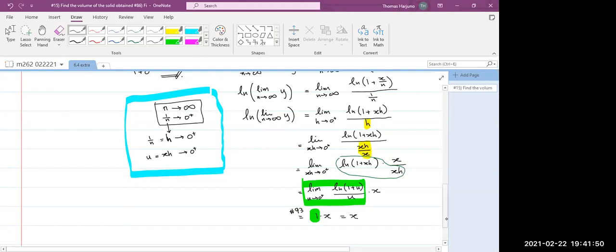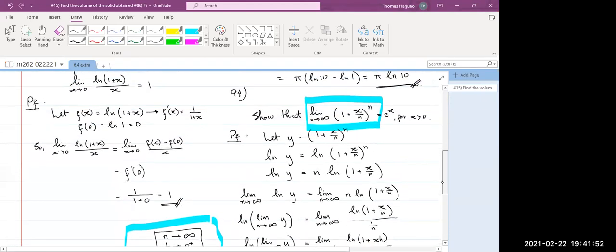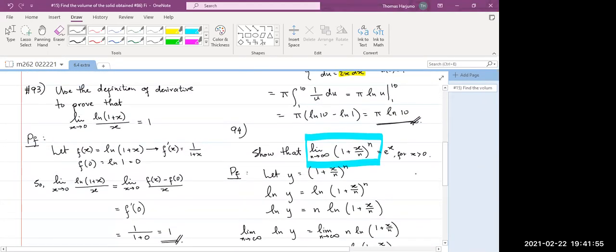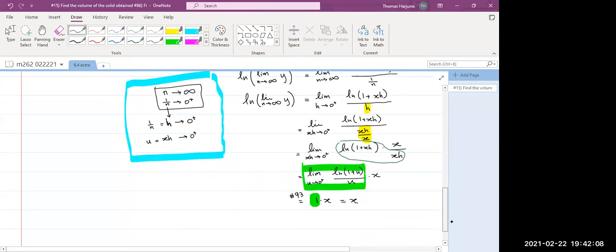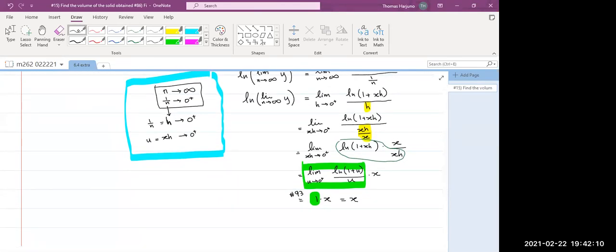Take a look. That's what we have from number 93: limit as blah approaches 0 of natural log of 1 plus blah over blah is 1. Okay, so when we look back, we already have natural log of the limit as n goes to infinity of y equals x.